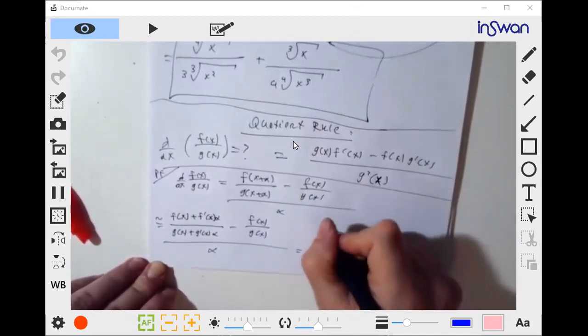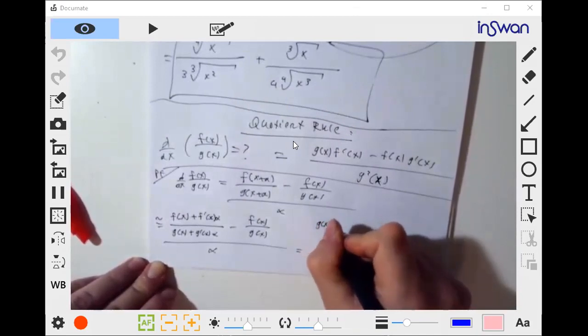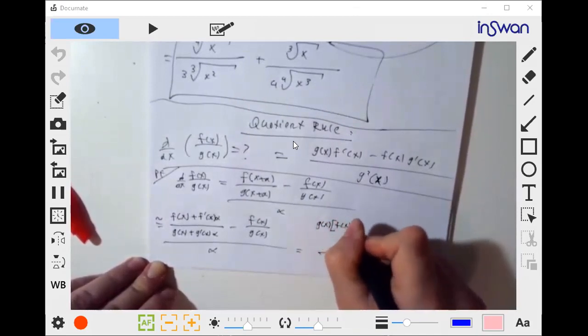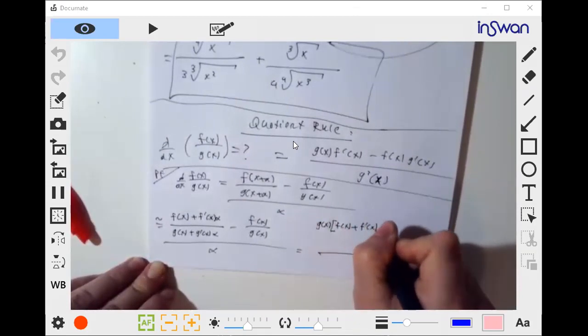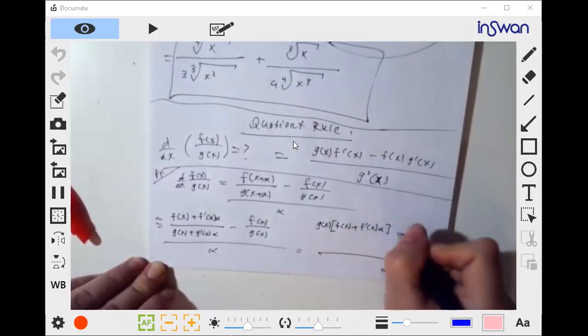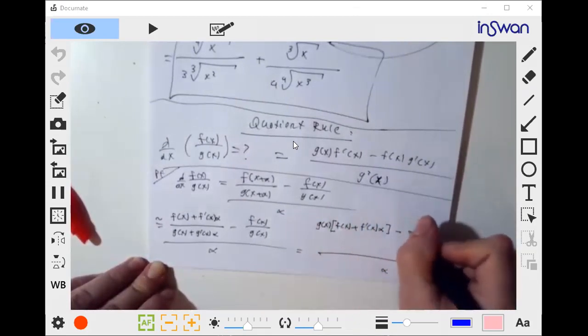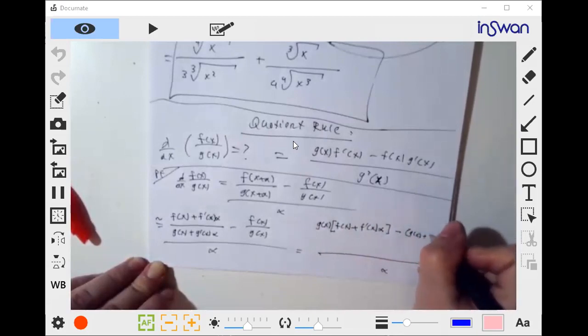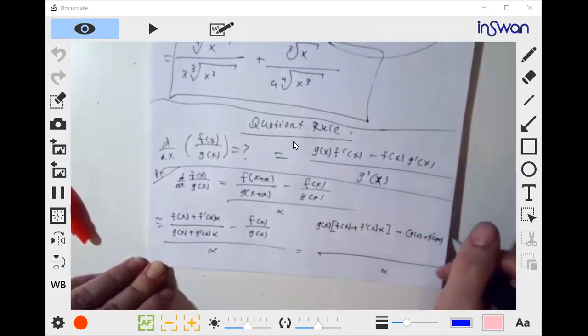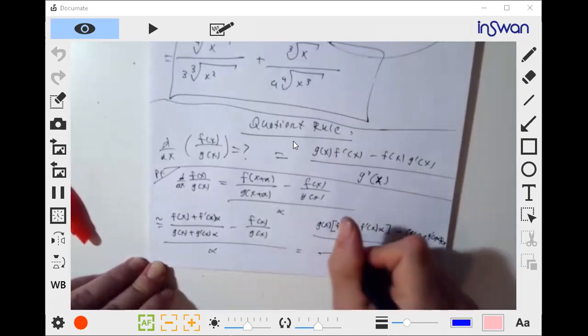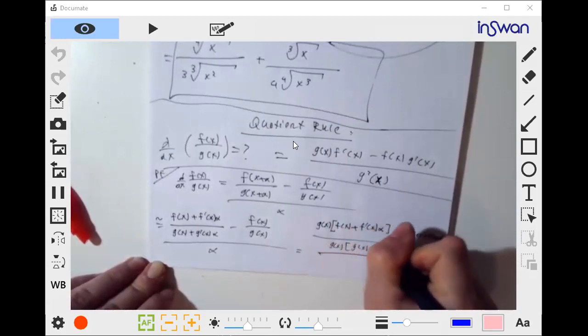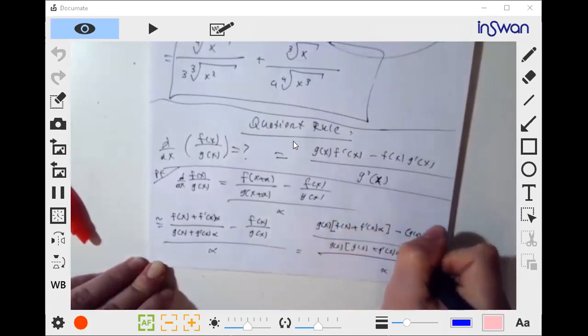When we get a common denominator, we get g of x times this whole thing, f of x plus f prime of x alpha, minus g of x plus g prime of x alpha times f of x, everything divided by g of x times g of x plus g prime of x alpha.